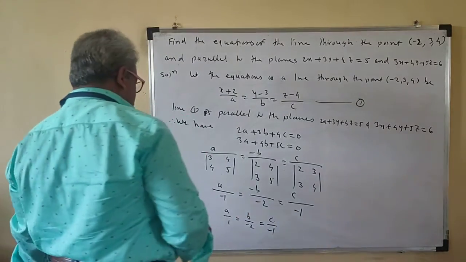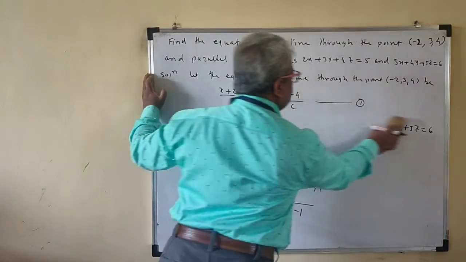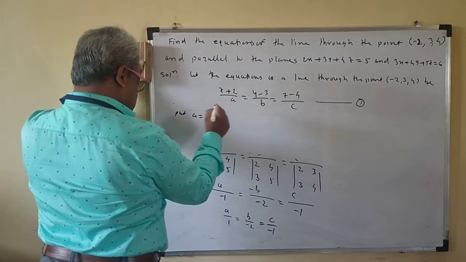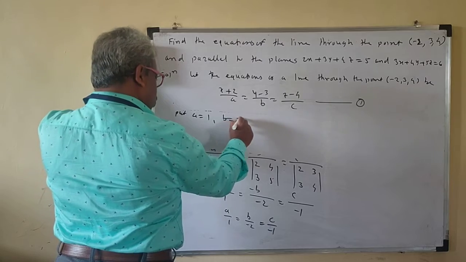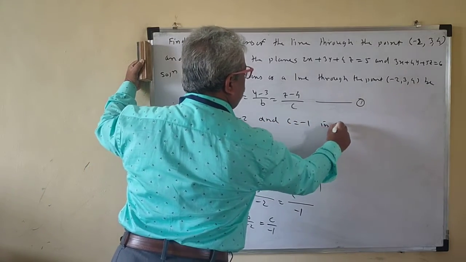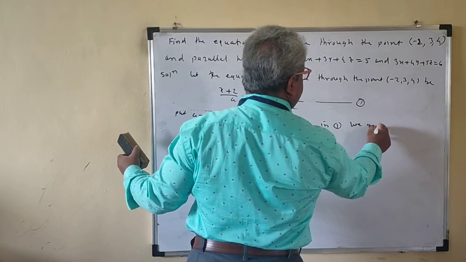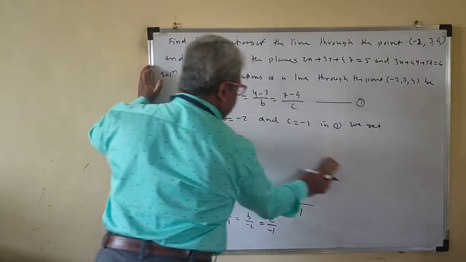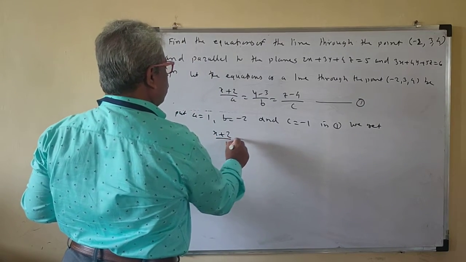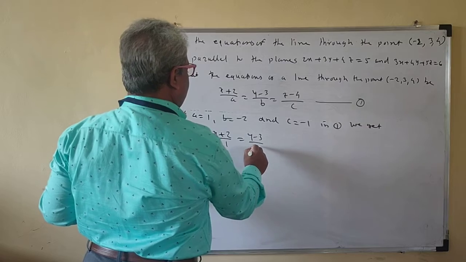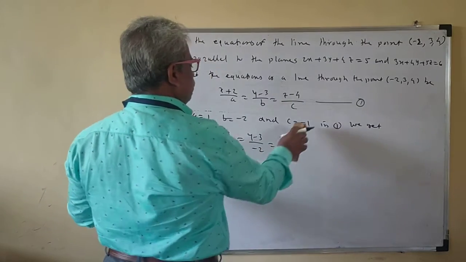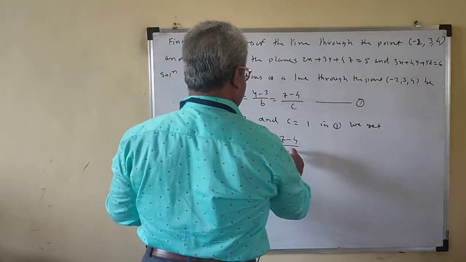Okay, put a is equal to 1, b is equal to minus 2, and c is equal to minus 1. In 1 we get (x plus 2) upon 1, (y minus 3) upon minus 2, (z minus 4) upon minus 1.